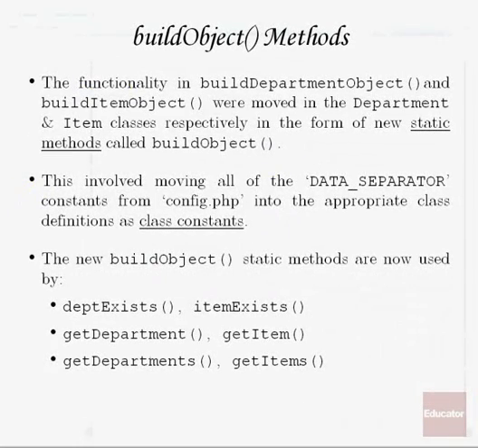So the other main thing that we did in this version of the web application is we didn't get rid of, but we moved the build department object and build item object methods that were in our file library into, we made them static methods called build object within the item and department class.